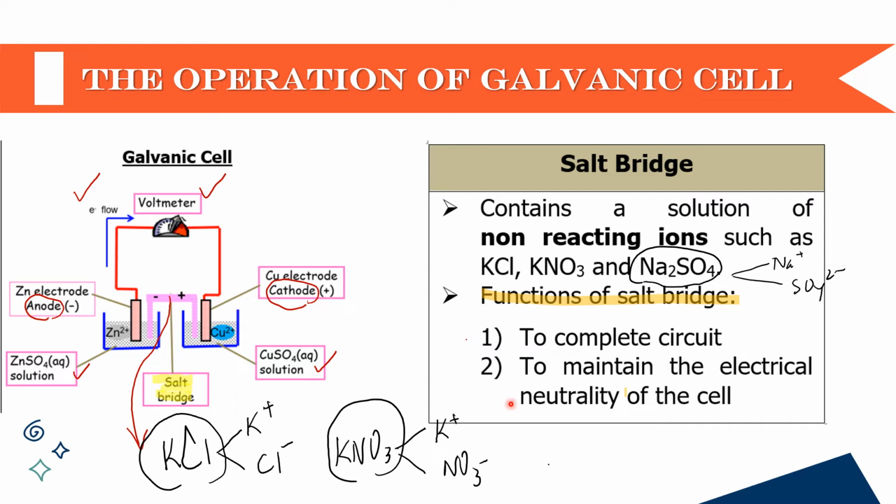The second and most important function of the salt bridge is to maintain the electrical neutrality of the cell. Let me discuss these two further.